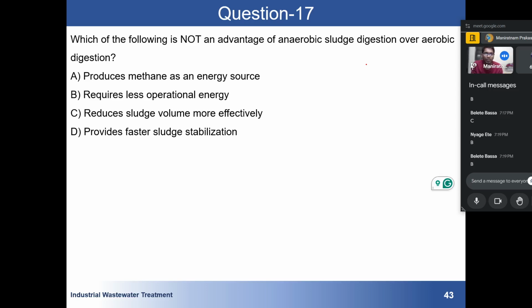Remember the question. Not an advantage. Methane, does it produce methane? Yes, it produces methane, so it is an advantage. So this won't be our answer. Required less operational energy. Similarly, reduce sludge volume more effectively. And third is provide faster sludge stabilization.